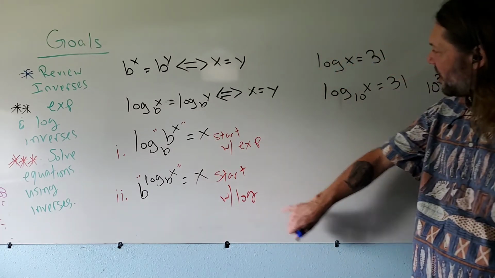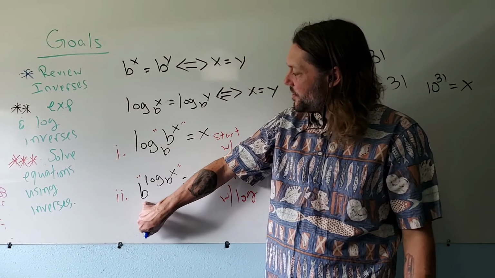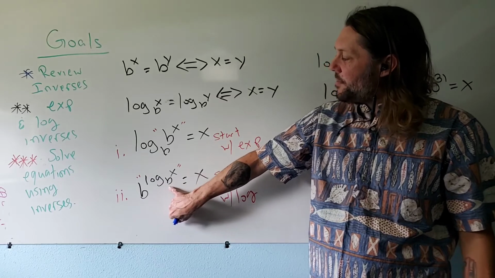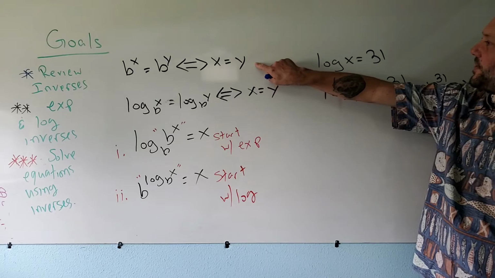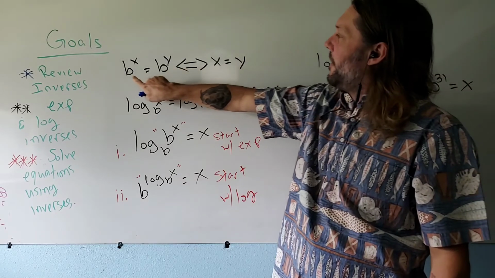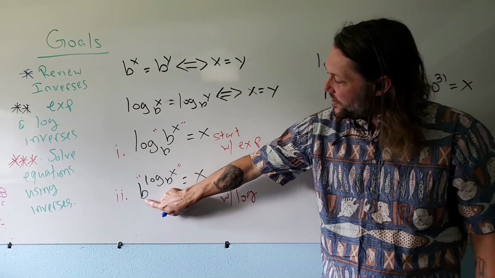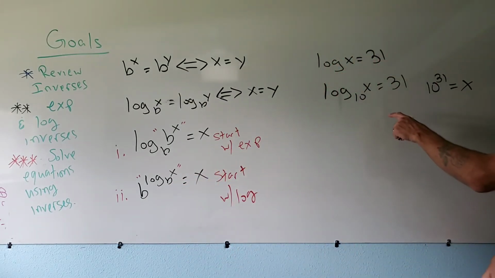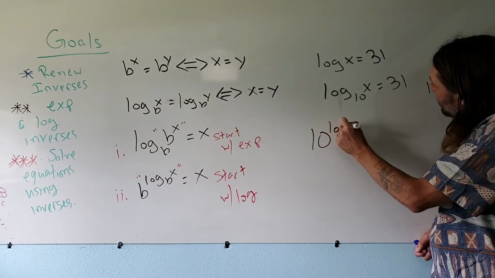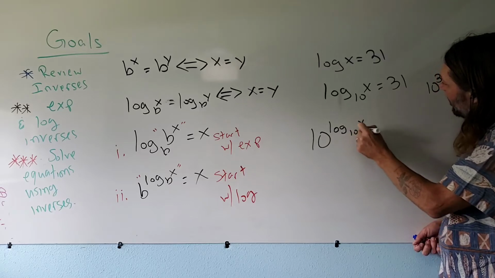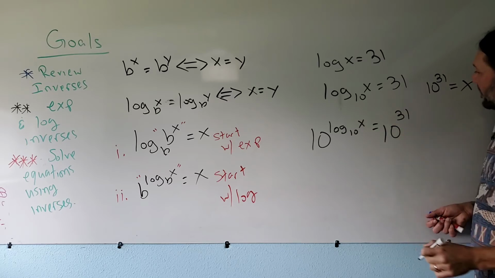So I'm starting off with a log in my equation, so I'm going to try to create this situation. I want my log to be my exponent. So I'm going to look at what I'm starting off with as this idea, and I'm going to put the same base on both sides. Notice here that whatever number is here is the base that I want. So I'm going to rewrite this equation as 10 to the power log base 10 of x, and that's equal to 10 to the 31.